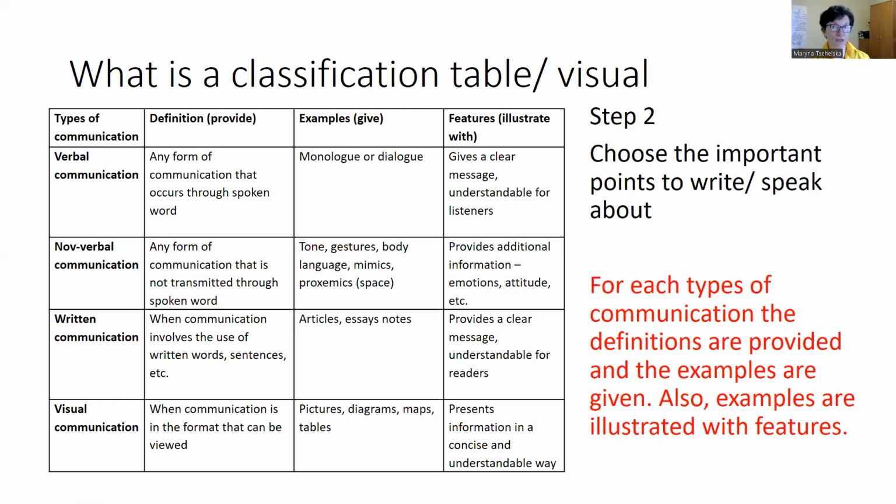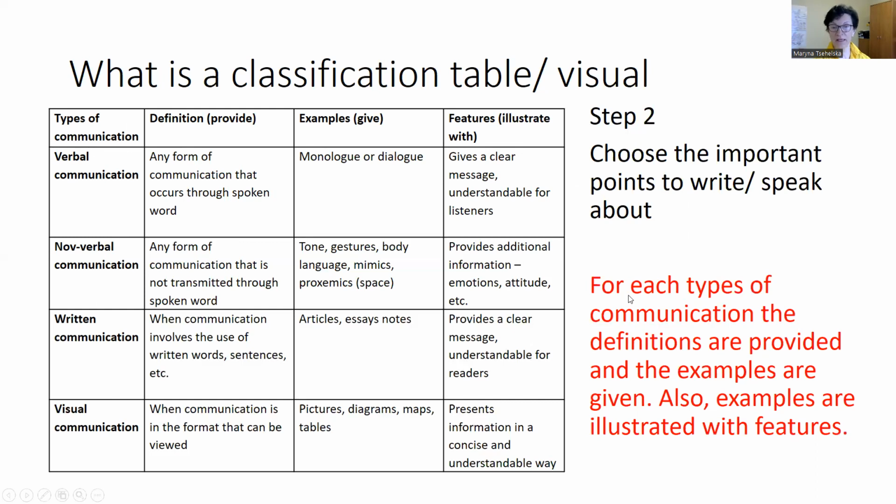So step two, we need to choose the important points that we will be writing or speaking about. Of course, our important points are the types of communication and definition, examples, and features.